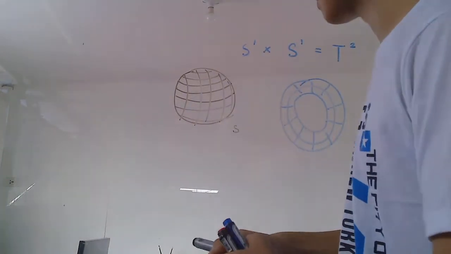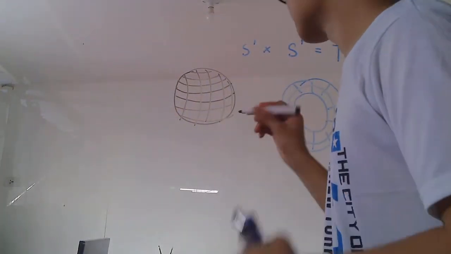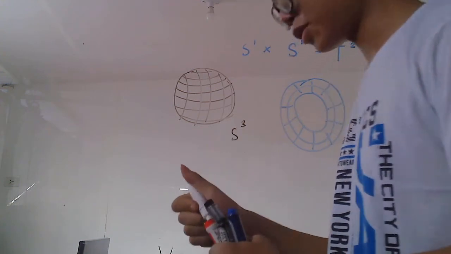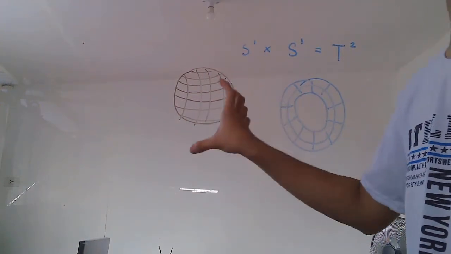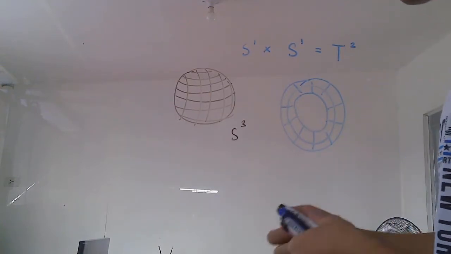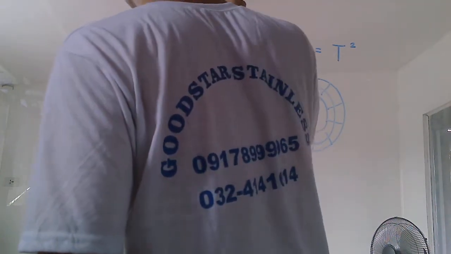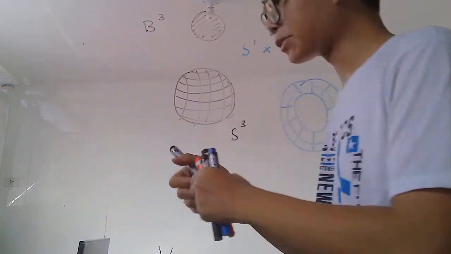So yeah, S3 is a manifold. S3 here, shell 3. So it's a shell, a 3-dimensional shell. Or B3, which is a solid ball of 3 dimensions. These guys are examples of manifolds.